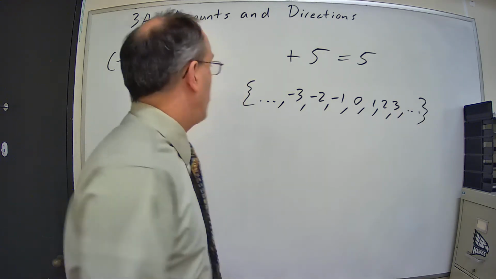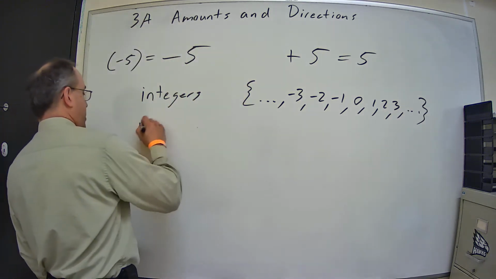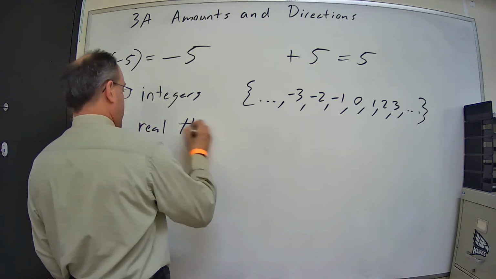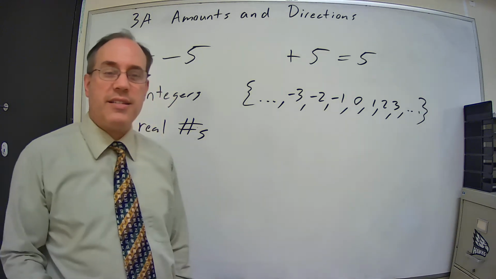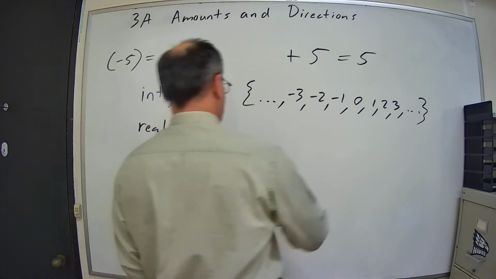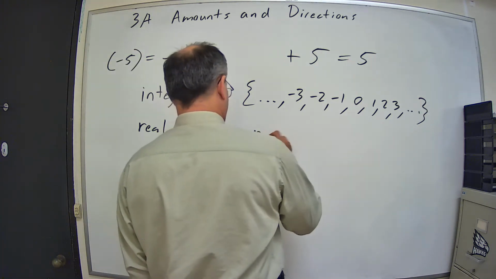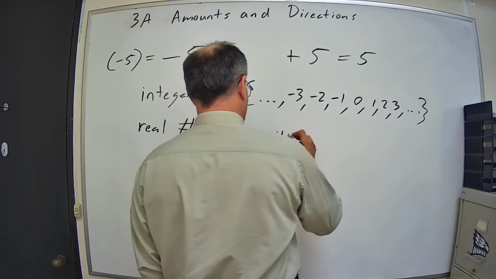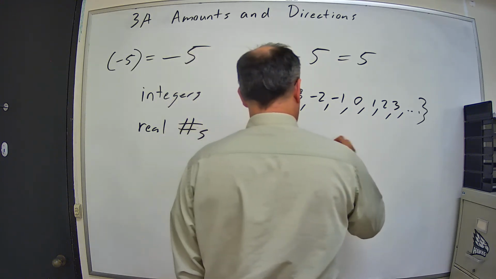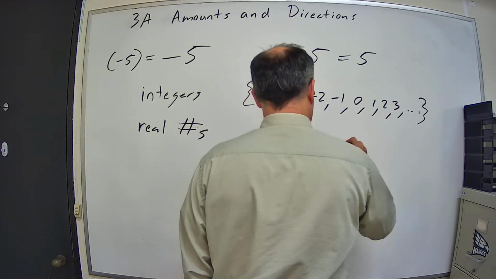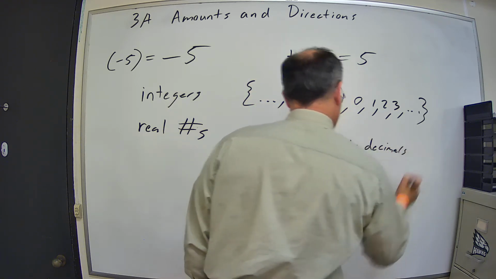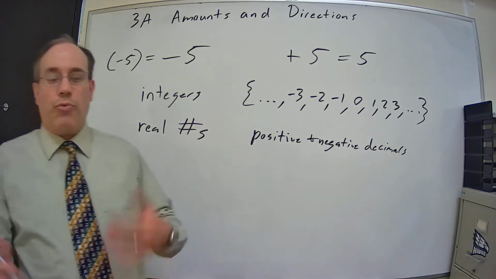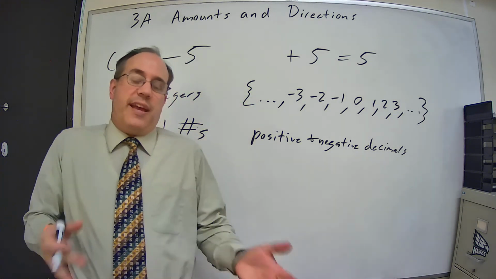Well, we also can go beyond that and get into real numbers. Real numbers are basically positive and negative decimals.